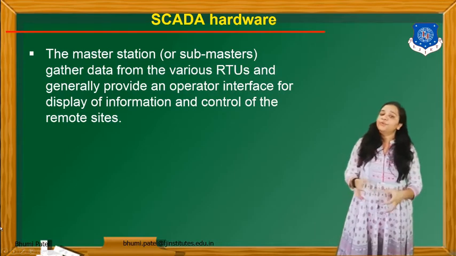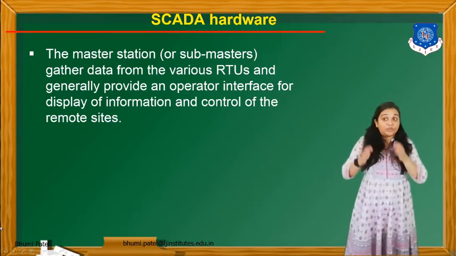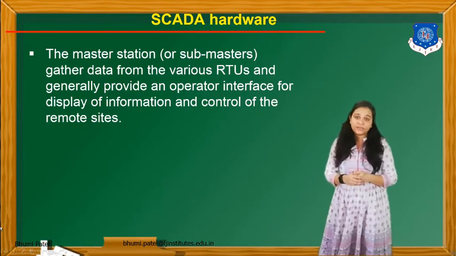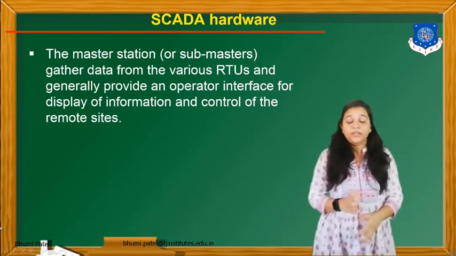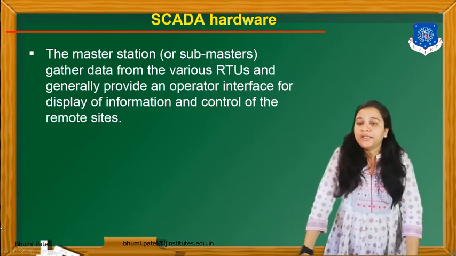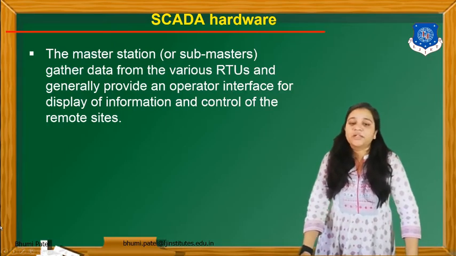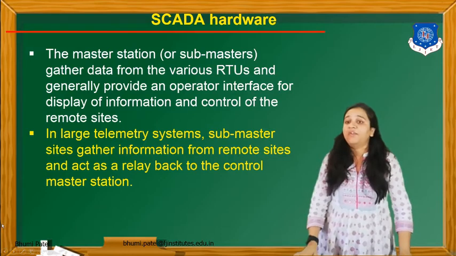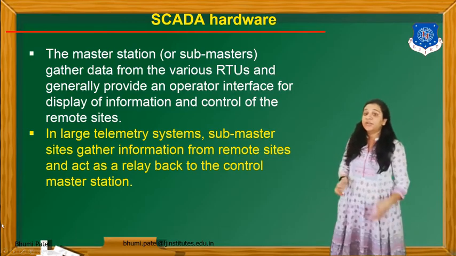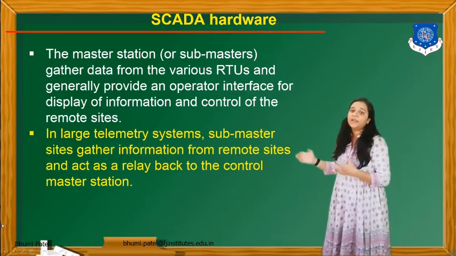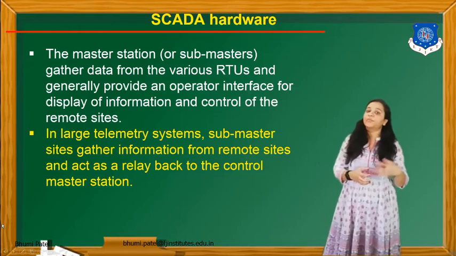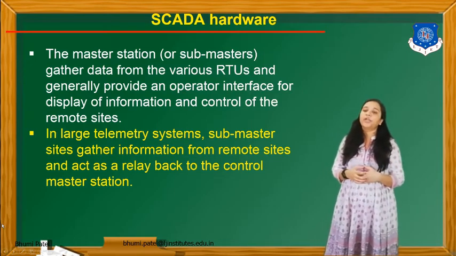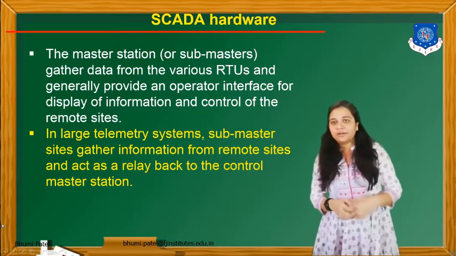Suppose we use a temperature control device: it will display the temperature in the master computer, and then we control this temperature using this master station. In a large telemetry system, the sub-master site gathers the information from the remote sites and acts as a relay back to the control master station.